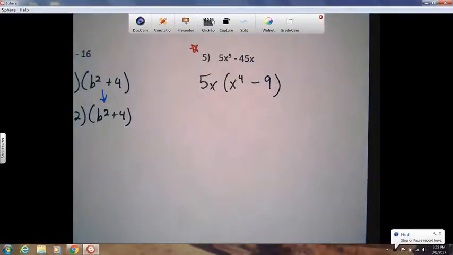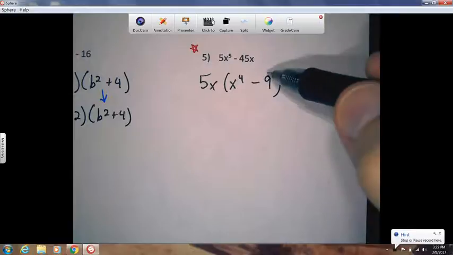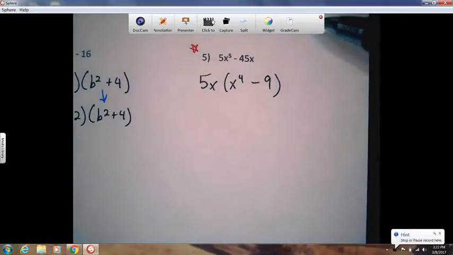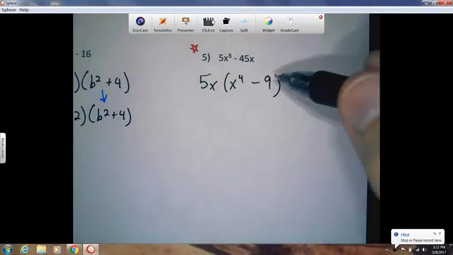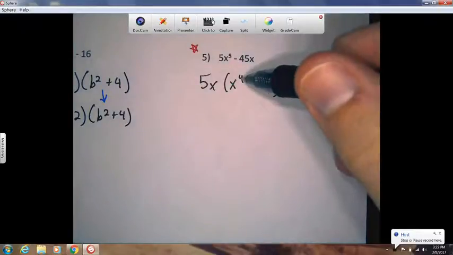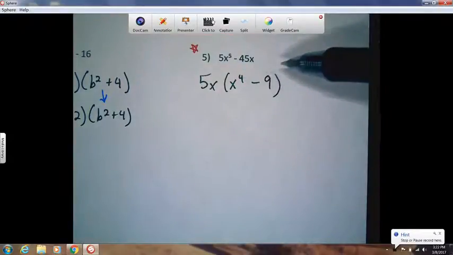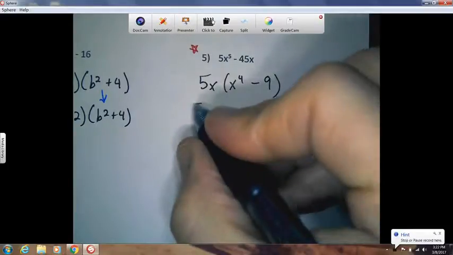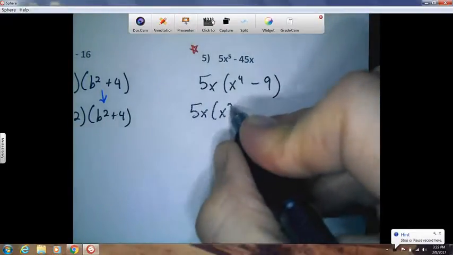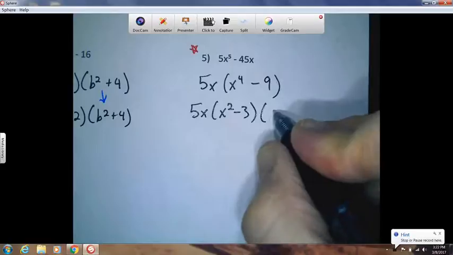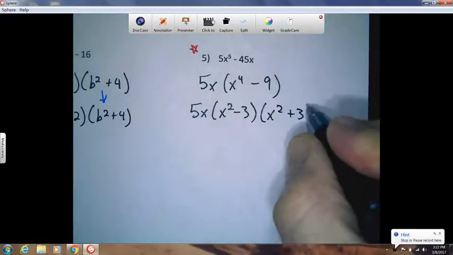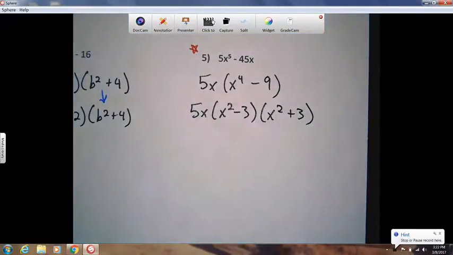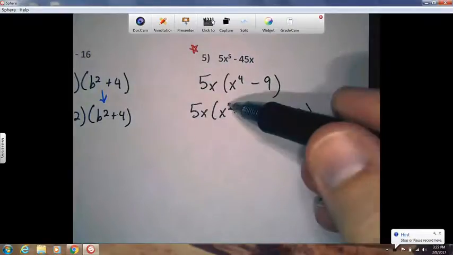Now, can I factor these as difference of squares? Yes, this is an even number, and this is a perfect square. x squared minus 3, x squared plus 3. So I need to check, can I do it again? This is an even number, this is a difference, but 3 is not a perfect square, so I'm done.